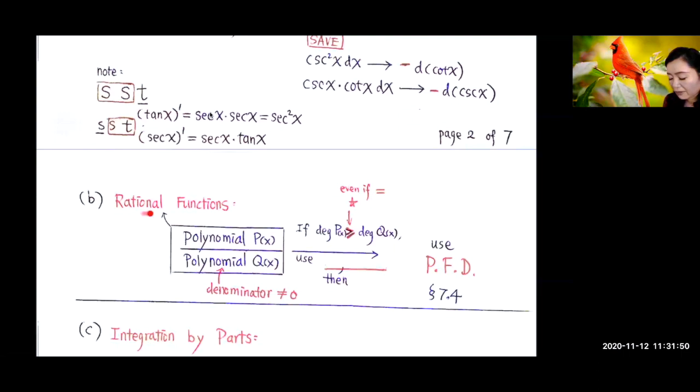So what happens when the function that we integrate is a rational function, which is a polynomial divided by a polynomial, providing the denominator does not equal 0? I'm going to ask you, what happens when the degree of the polynomial on top is greater than or equal to the degree of the polynomial down here? What do we do first? I think we talked about this on Tuesday.